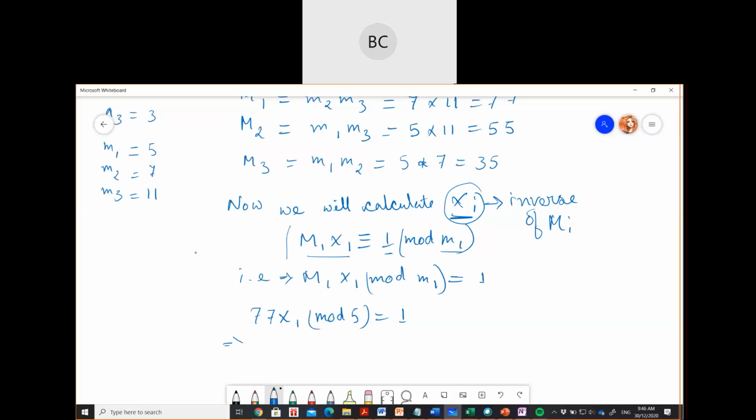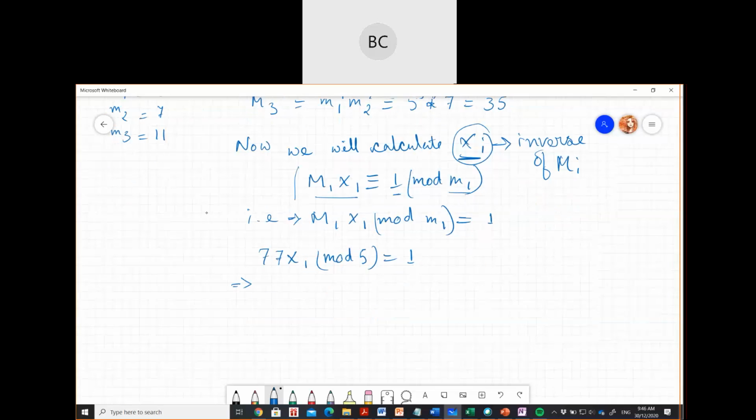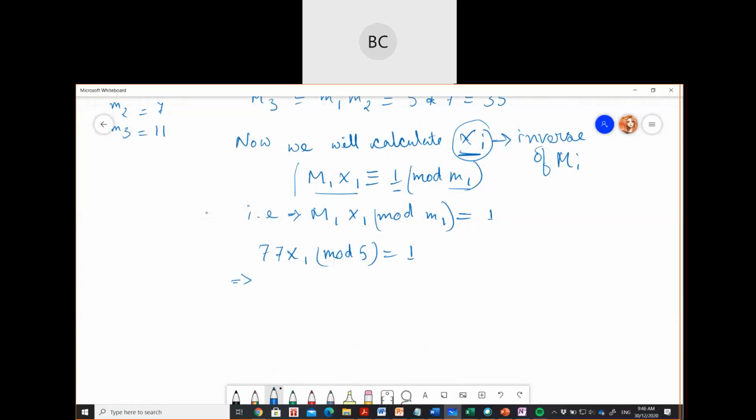It's more like a brute force method, you just need to find out. You can just start from 1, 2, 3, 4. 77 into 5 into 11 is 55. Then what's the next value? 55 into 3.